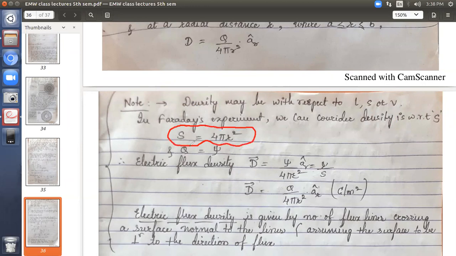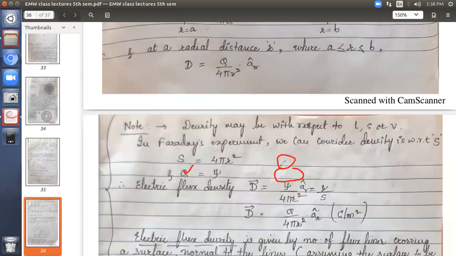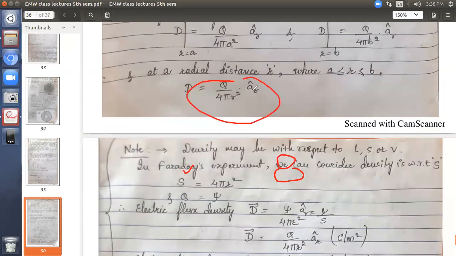According to Faraday's experiment, the displacement flux psi is equal to Q. With these observations, electric flux density is Q divided by 4 pi R square. That's what I have just now written here, the same thing, but associated with a unit vector.